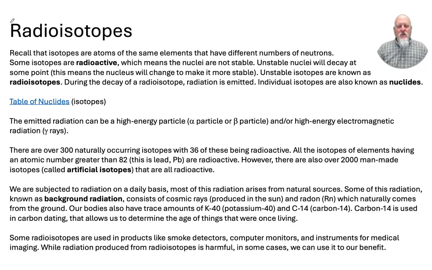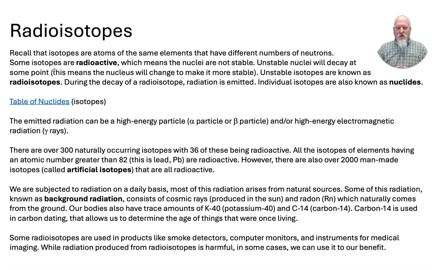But we do need to recognize that some isotopes are radioactive, and a lot of isotopes are actually radioactive. While there may be a handful of stable isotopes for an element, many are radioactive. And radioactive simply means that the nucleus isn't stable.